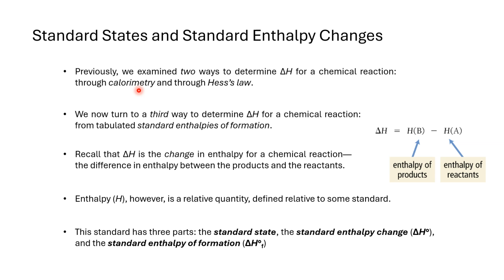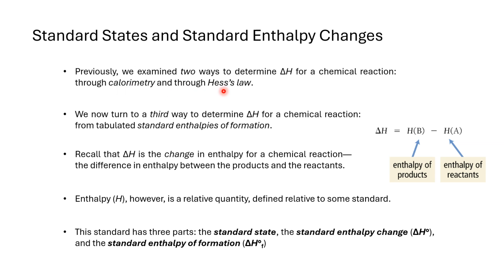So you would use a coffee cup calorimeter to do that, and if you know your specific heat of the solution that you're having a reaction in, usually it's that of water, the mass of your solution, and the change in temperature of the solution, you can calculate delta H for that reaction, really just using Q equals mc delta T.